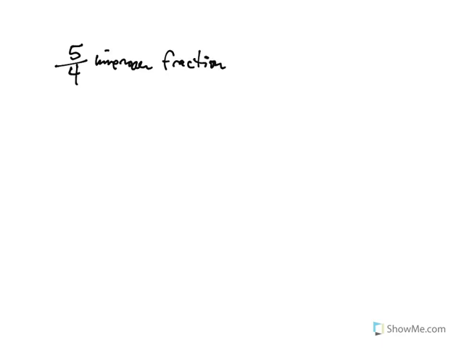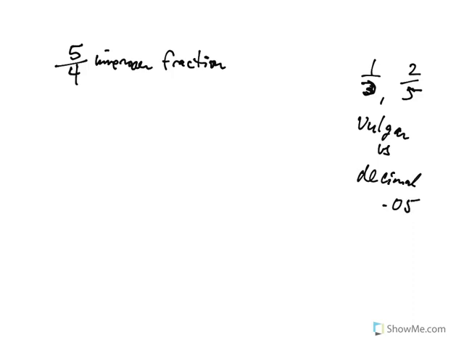When fractions were first taught, not first invented, but in the 1700s, they would call fractions like 1/3 and 2/5 vulgar fractions, versus decimal fractions, which were what we now think of as decimals.